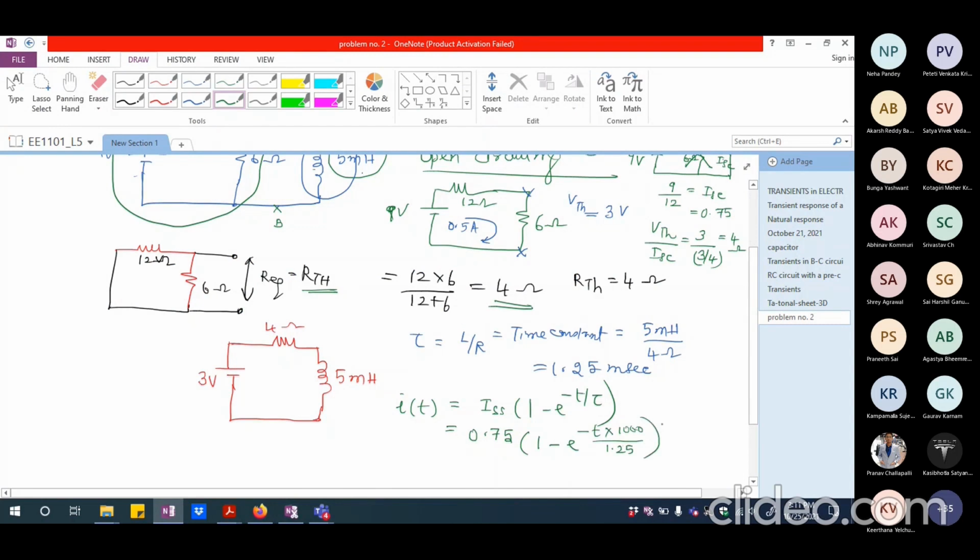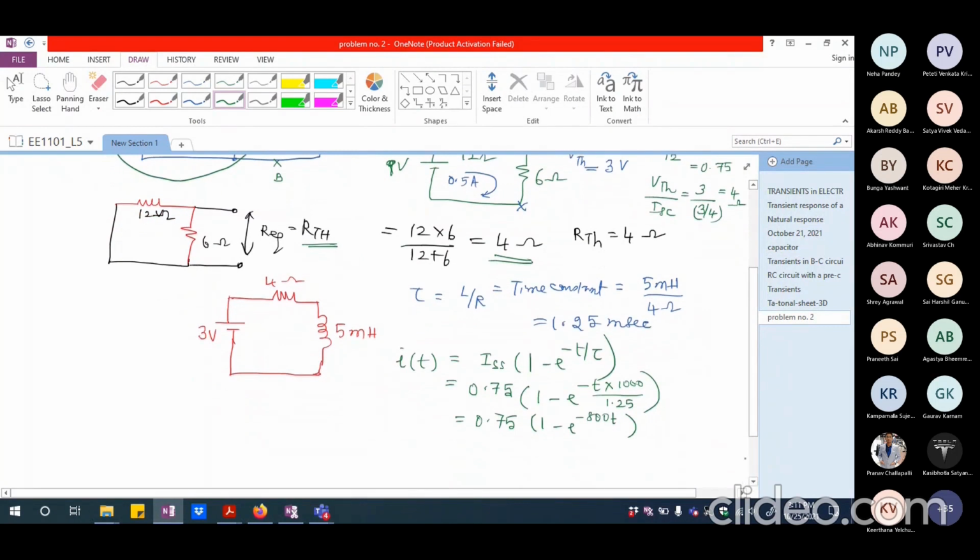So this is essentially 0.75 multiplied by 1 minus e power minus 800 t, since 1000 by 1.25 is 800. That is the current expression for the current through the inductance. If I try to plot, this is the way it is going to be.